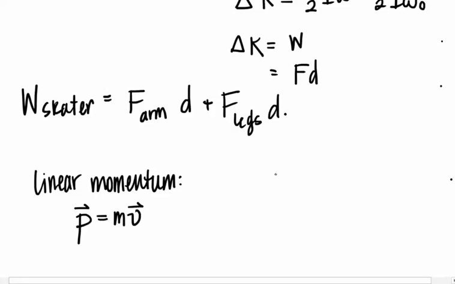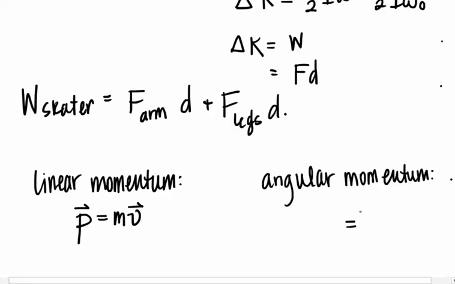So then our rotational analogy, or angular momentum. If m is like an I and v is like an omega, and omega even has a direction too.